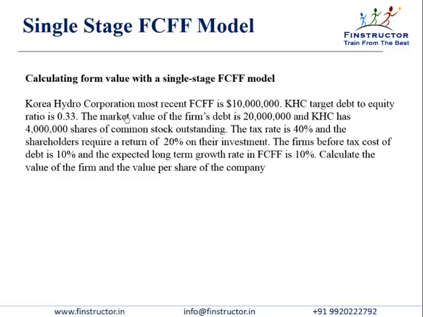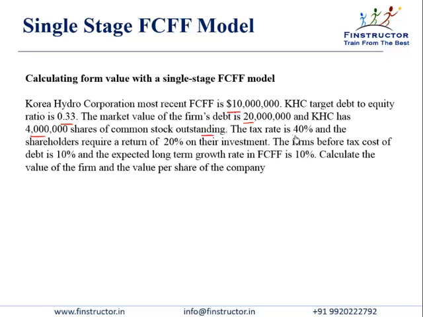So Korea Hydro Corp has a most recent free cash flow to firm of $10 million. The target debt to equity ratio is 0.33. The market value of the firm's debt is 20 million, and KHC has 4 million shares of common stock outstanding.